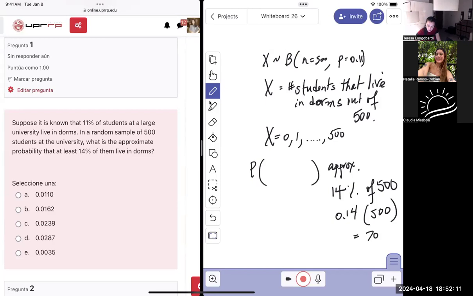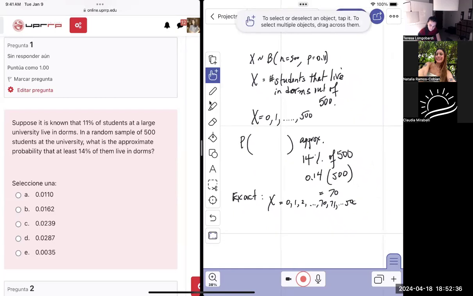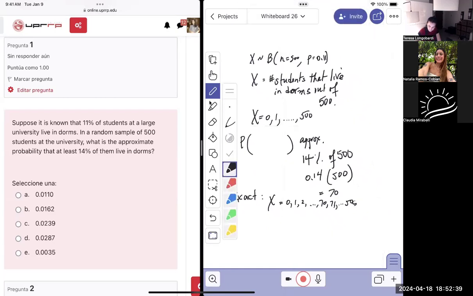If you were trying to get the exact probability, you would have to sum the probability for all of those.